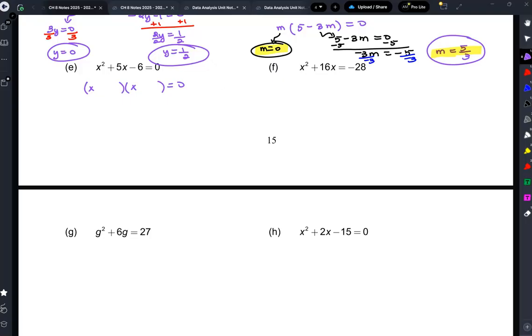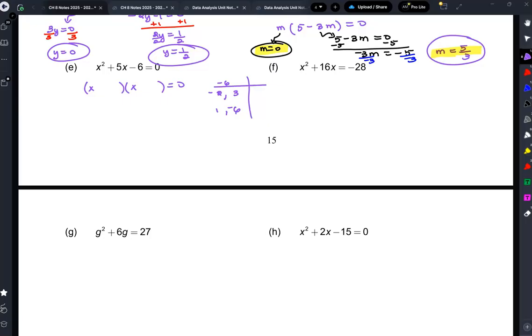2 and 3. So 2 and 3. So I would have to make it one positive, one negative, but then they don't add up to 5. What else? 5 and 1, or maybe 6 and 1, right? Negative 1, sorry, like this.